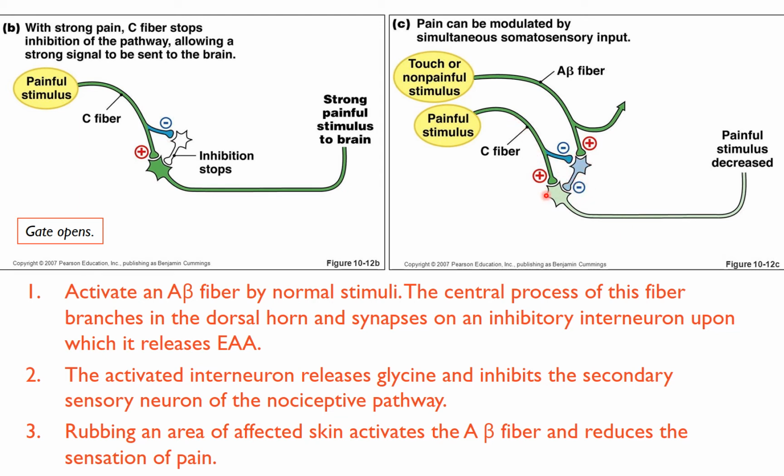So if we were going 45 miles per hour, this interneuron has touched the brakes to slow the car down to, say, 25 miles per hour. So you still get a painful stimulus that is sent on up to the brain, but the intensity of that painful stimulus is decreased. And that, in and of itself, is the proposed mechanism behind the gate control theory, and a very simplified series of circuitry going on in the dorsal horn that explains it.